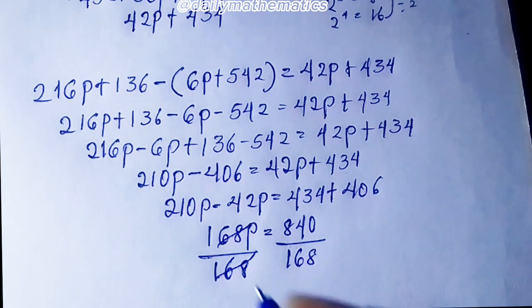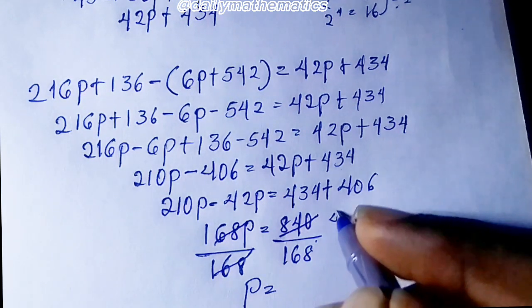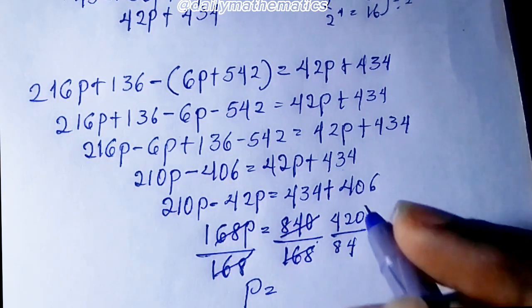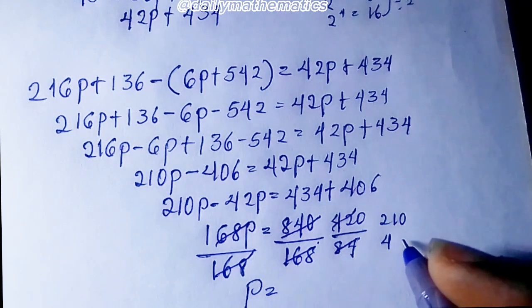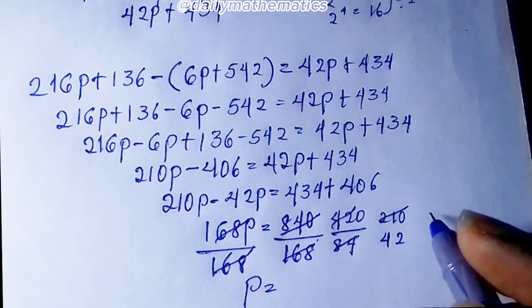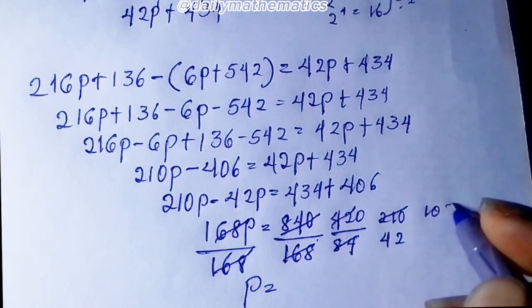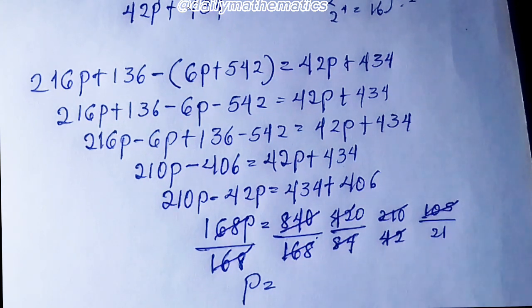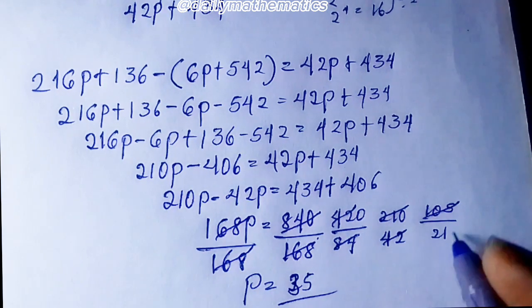So 168 cancels 168, p equals 840 divided by 168. Dividing by 2, 840 gives us 420, this divided by 2 gives us 210, then 105. 168 divided by 2 gives us 84, then 42, then 21. Then dividing by 3, 105 gives us 35, and 21 gives us 7.